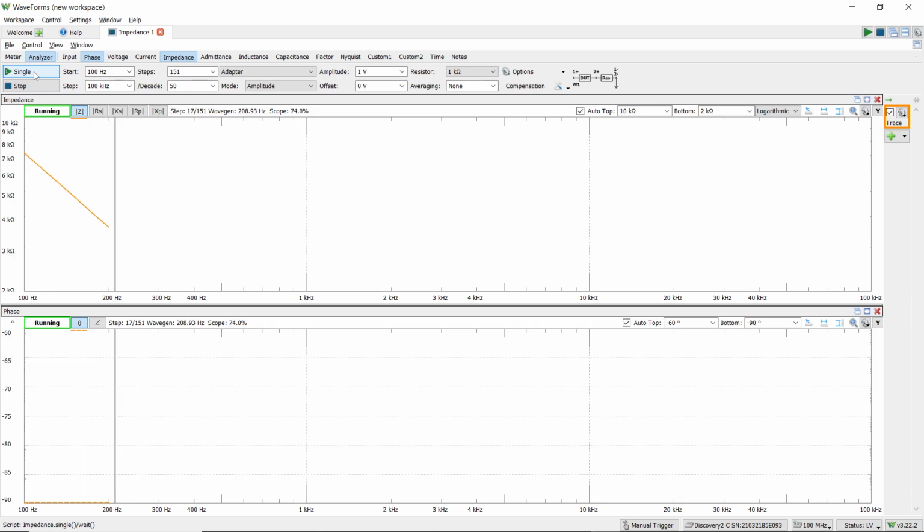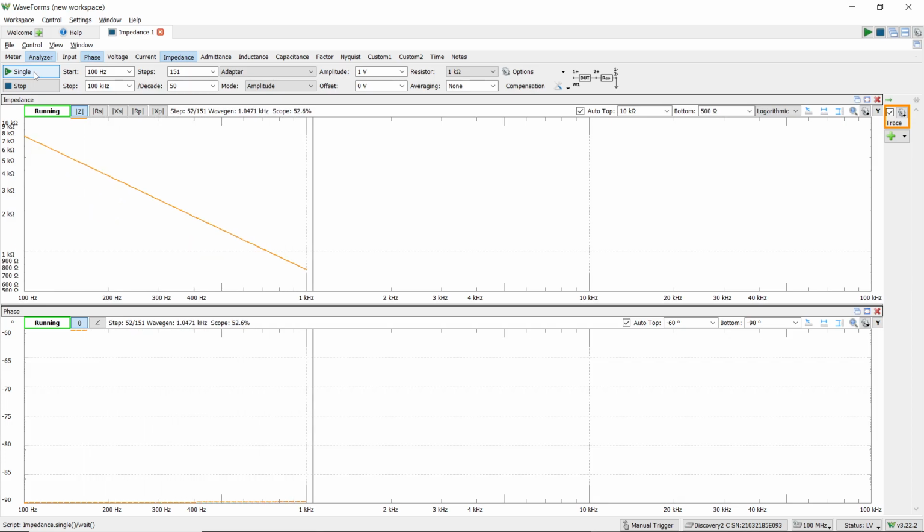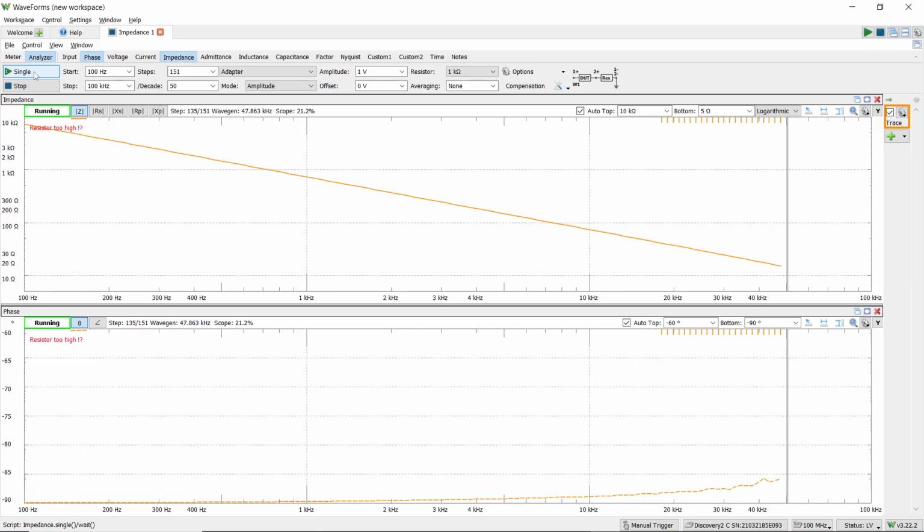Let's do some single run. And then we see, okay, impedance goes down with frequency, and the phase angle is minus 90 degree. And then somehow goes up a bit. So interestingly, this works. Does not look too bad.